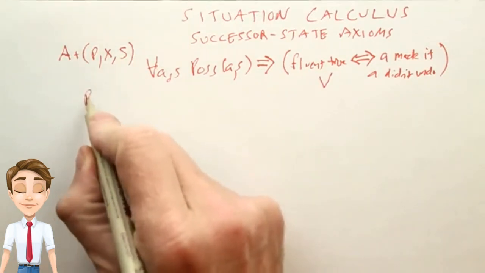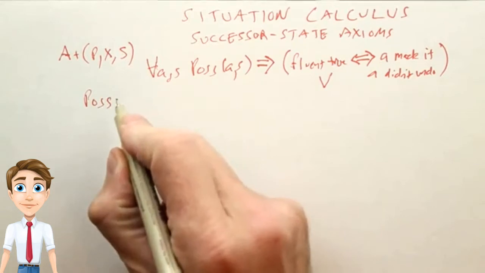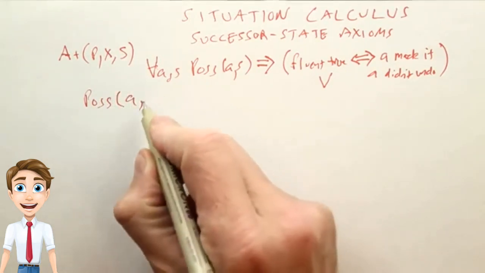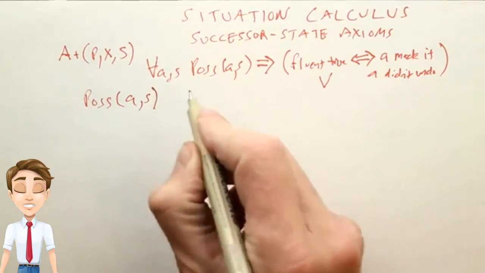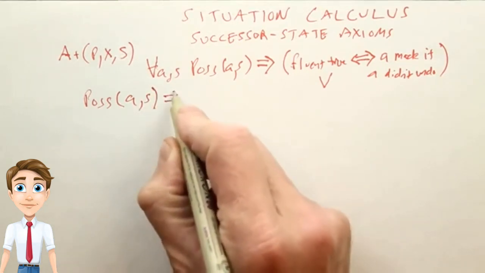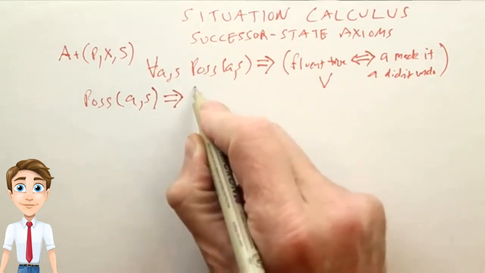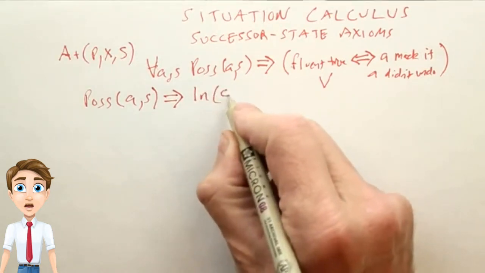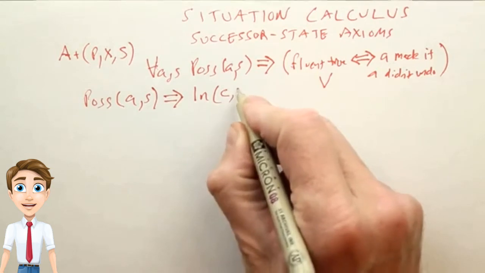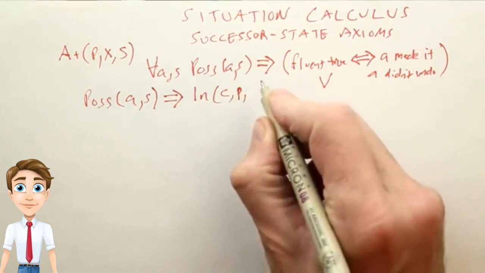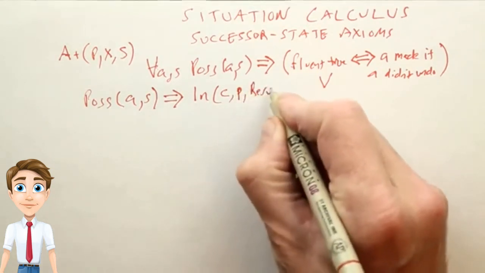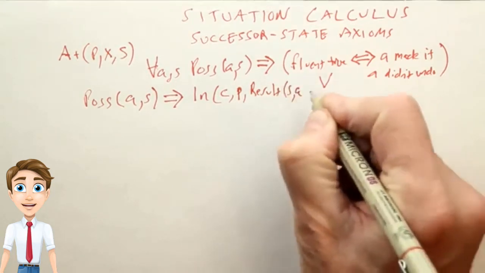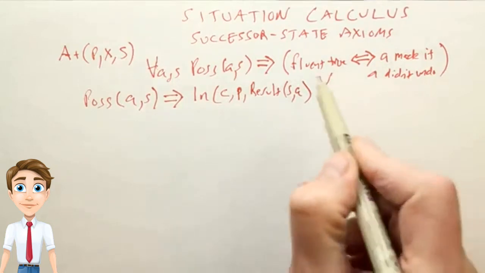And what we'll say is, if it's possible to execute A in situation S, then the in predicate holds between some cargo C and some plane in the state which is the result of executing action A in state S.